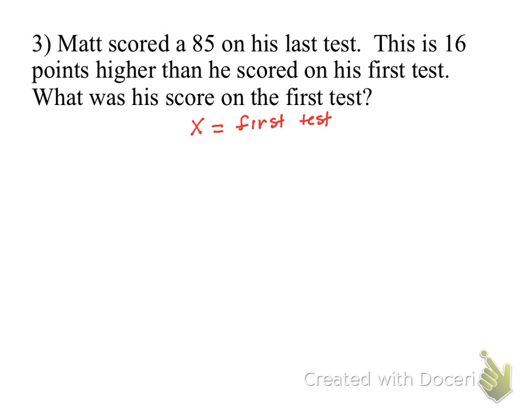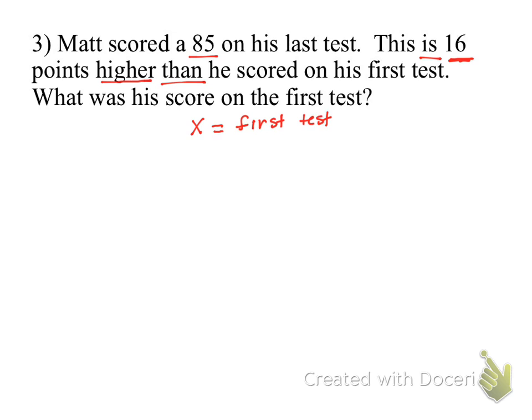So now I'm going to translate, and I'm going to underline the important words. Well, we need 85. What word implies my equal sign? Yep. Is. And then I have 16. And then what other words do I need there? Points higher, higher than.